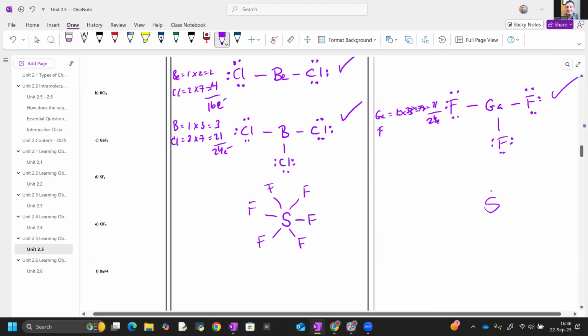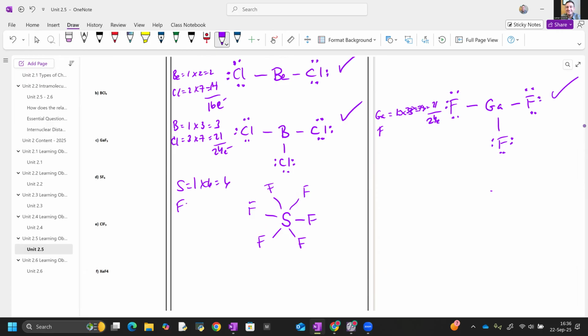We have sulfur, which is 1 times 6, which is 6. And then we have fluorine, which is 6 times 7, which is 42, for a total of 48 electrons.